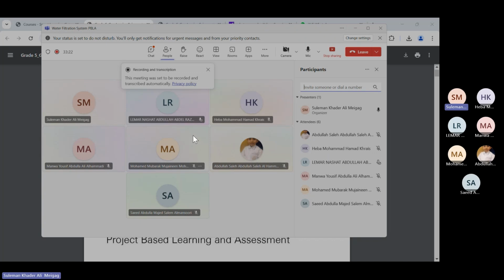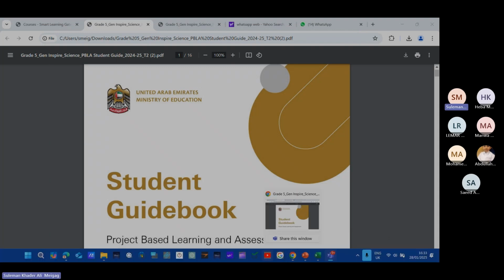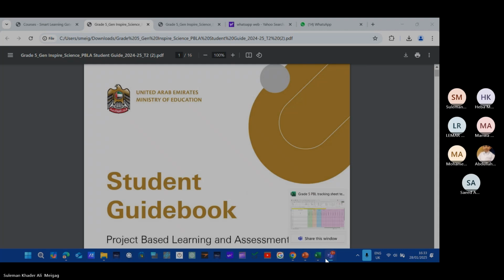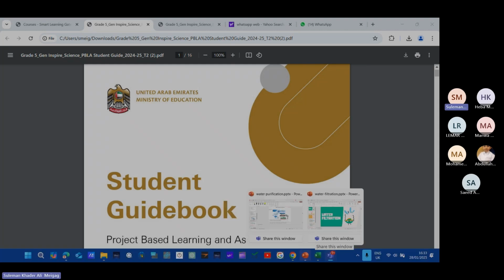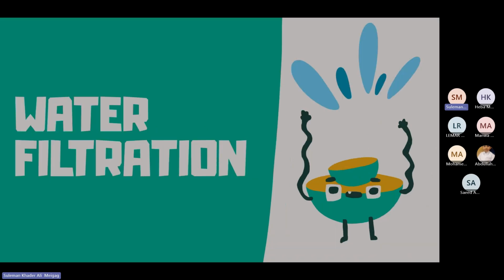Okay, so one final thing we look at now is another example of cleaning water. So here, this is another example of filtration and the things that you have to think about.